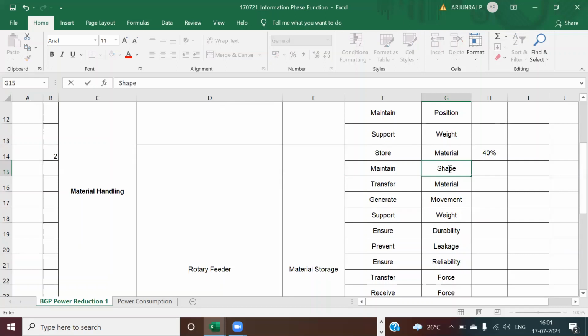No, sir, because the material is already in a size and shape. This material is only fed further. So maintain shape is not a function of the rotary feeder. Then what will this feeder do if you have proper size and shape?